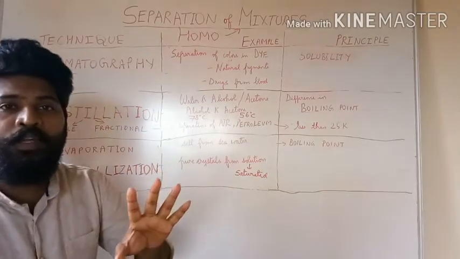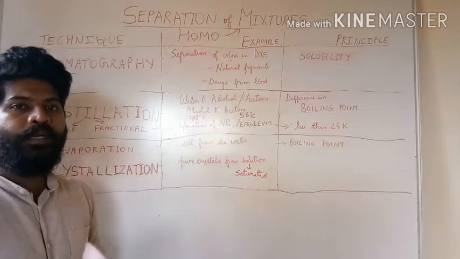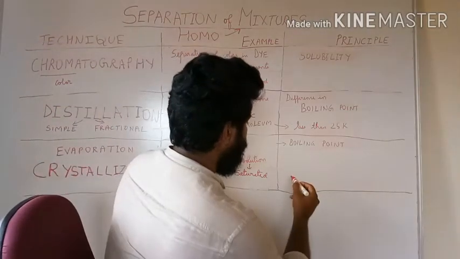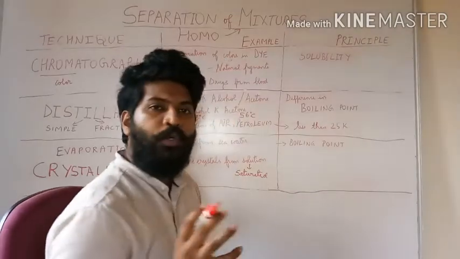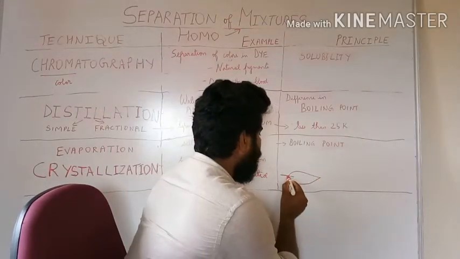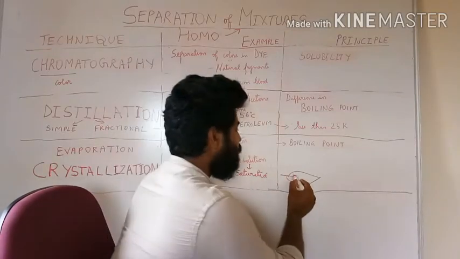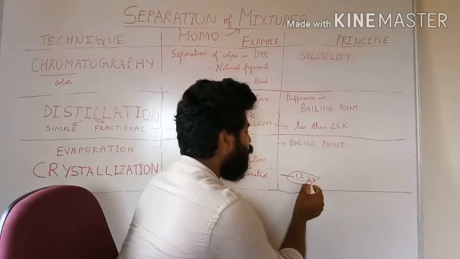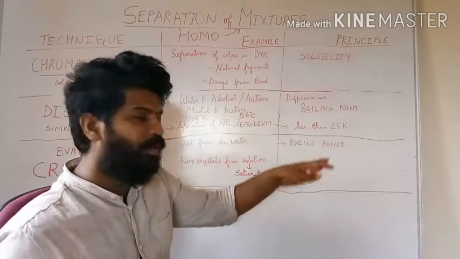So, what happens in paper chromatography? For instance, let us say you want to separate pigments present in a leaf. Let us say there are 4 pigments, let's name them 1, 2, 3, 4, and you want to separate them from this mixture.